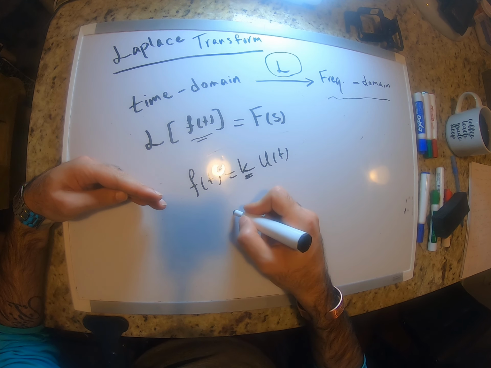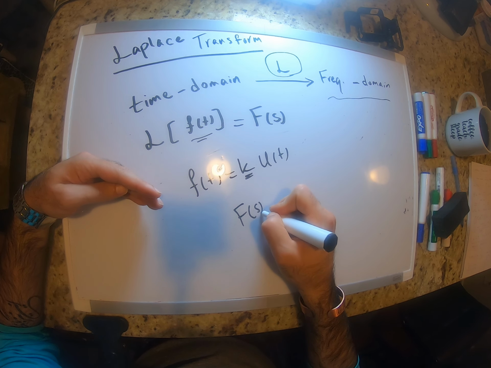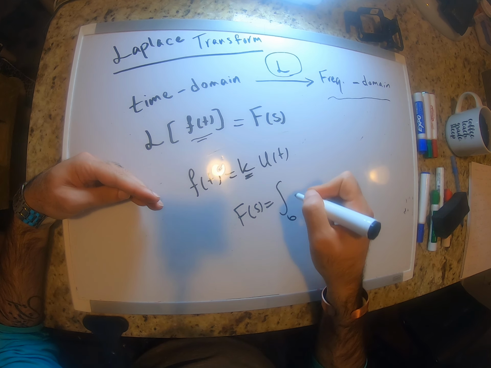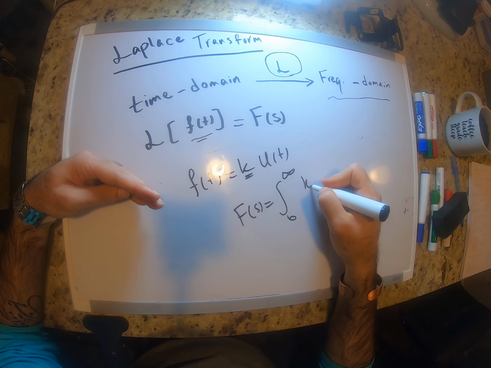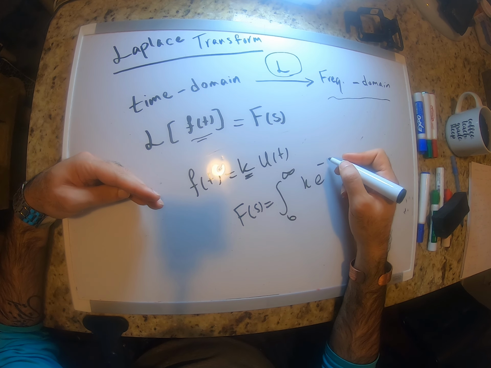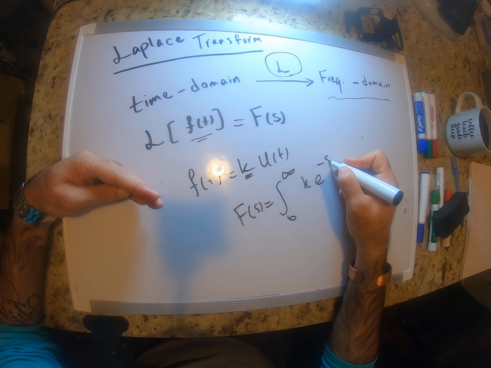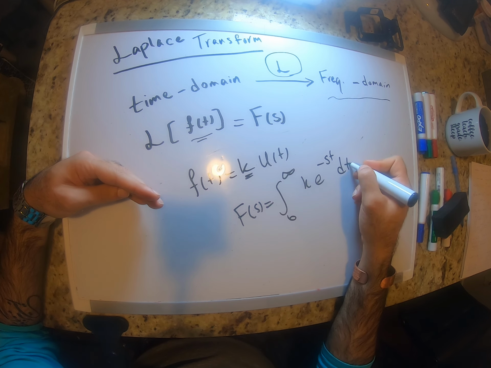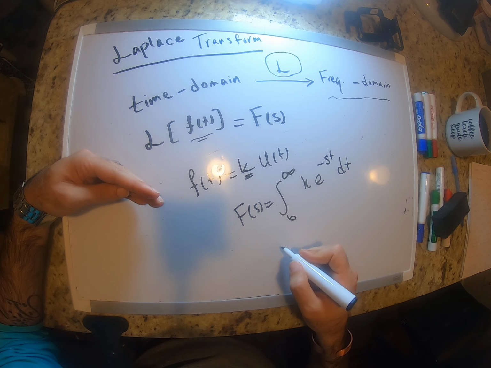Again, you can find the Laplace transform of that using the definition, integral of k e to the power negative st dt, which is very easy to find.